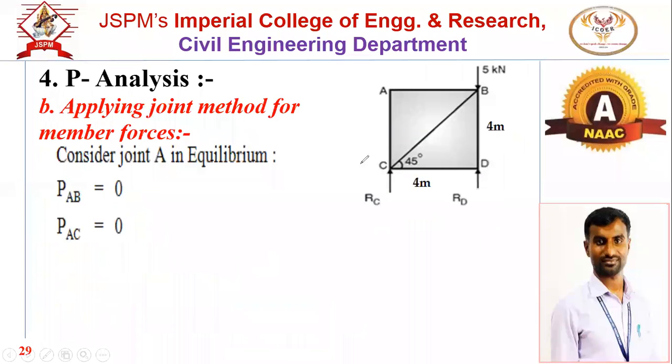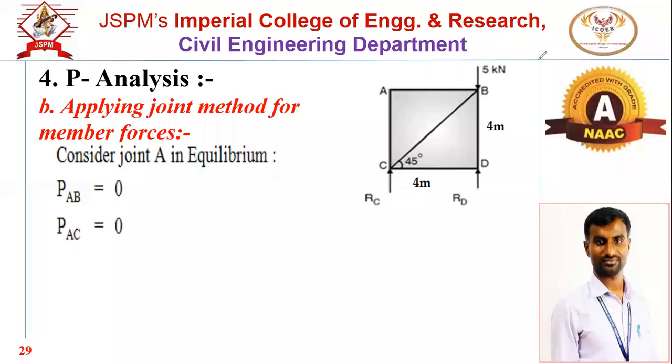So in case of joint method, how many unknowns we can solve at a time? How many maximum unknowns we can work out using joint method? Yes, anyone? In joint method, how many unknowns we can work out at a time?